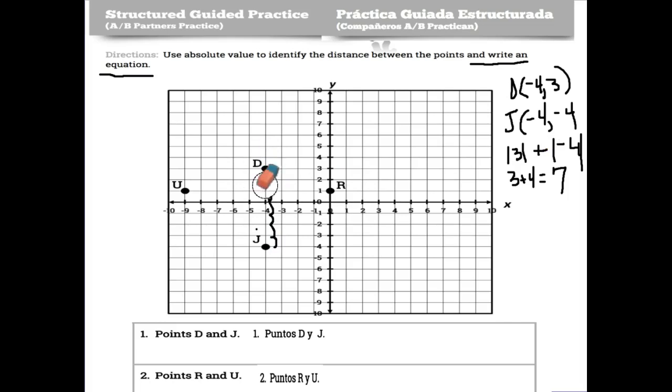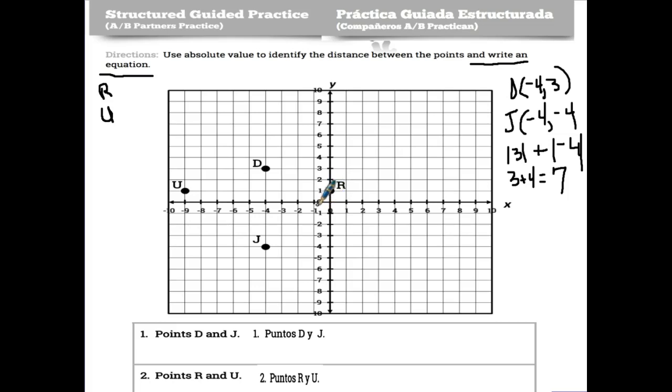So now I'm going to erase this here so I don't get confused when I'm finding R and U. So I'm first going to find the coordinate points for R, and then I'm going to find the coordinate points for U. So point R is right on the y-axis.